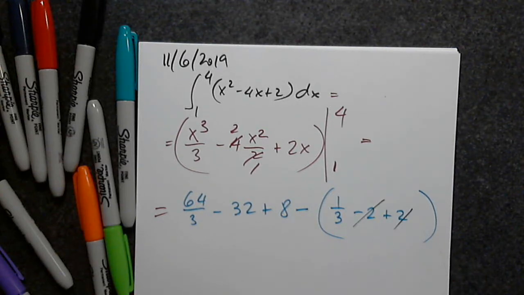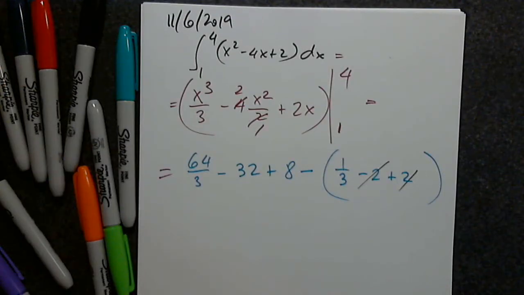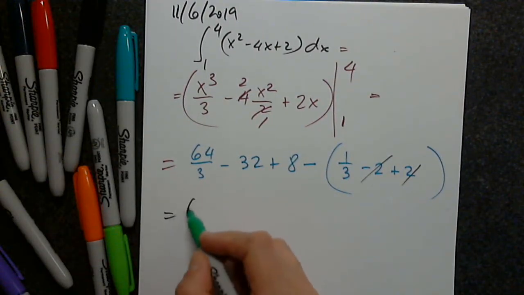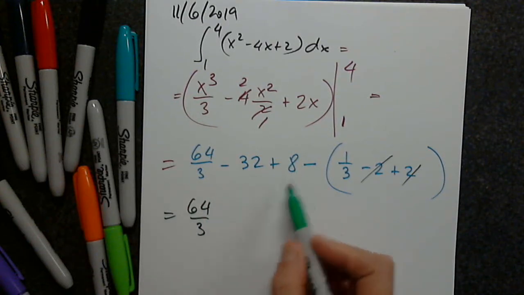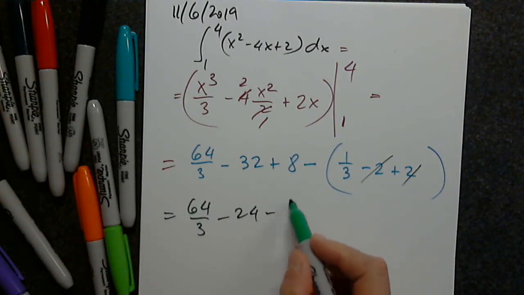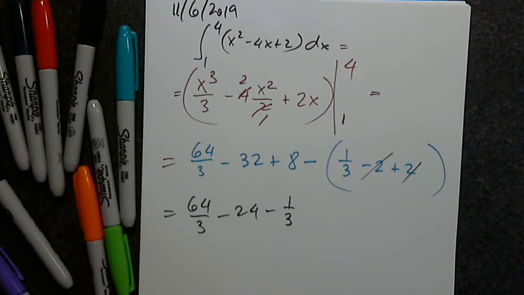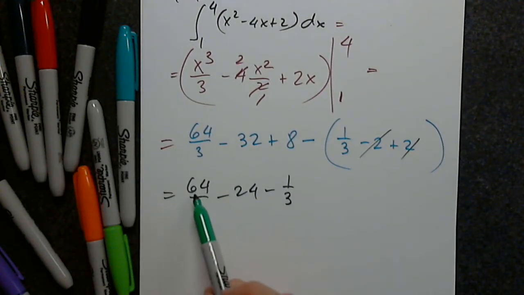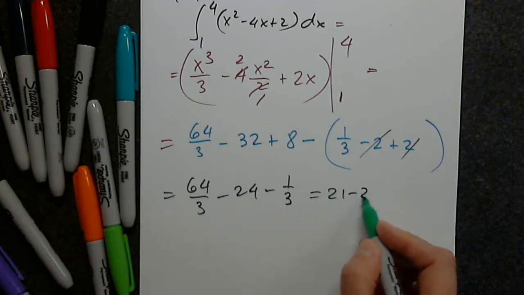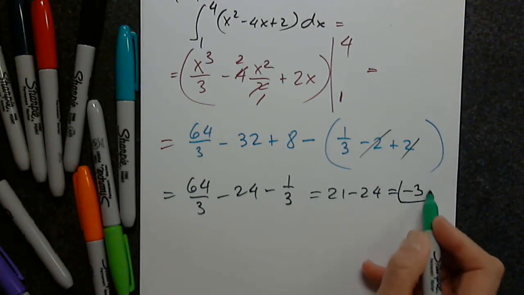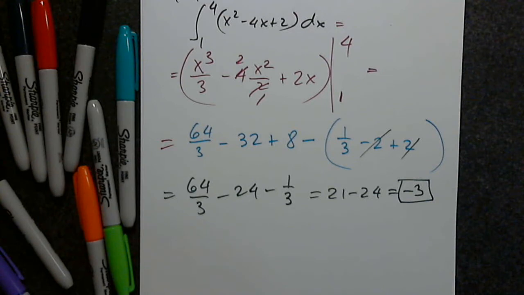First of all, these 2 go away. Then I have 64 thirds, and this is minus 24, and minus 1/3. Well, luckily, this changes into 63 over 3, which is 21, minus 24, which is negative 3. Is this okay?